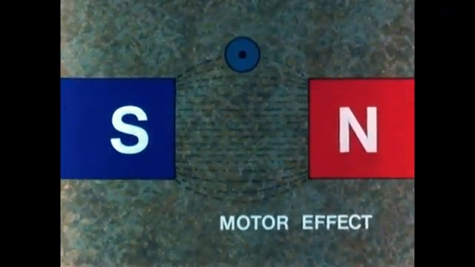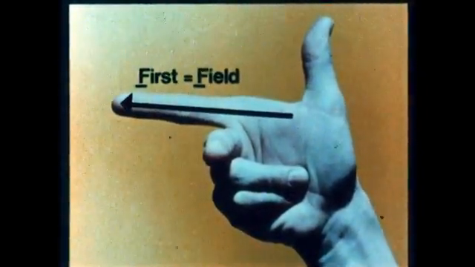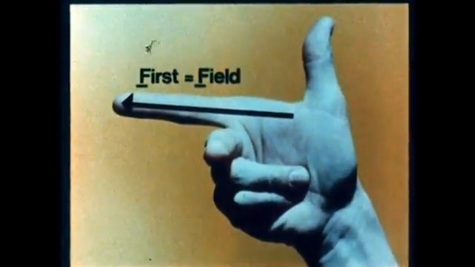We need to be able to predict which way the wire will move. And there is a right-hand rule which tells us. You hold your right hand like this, with the thumb and first two fingers pointing in different directions at right angles to each other. Then you hold your hand so that the first finger points in the direction of the field. F for first and F for field.